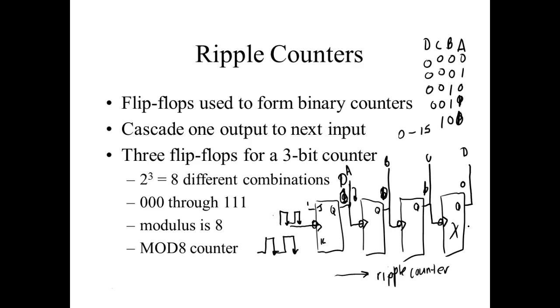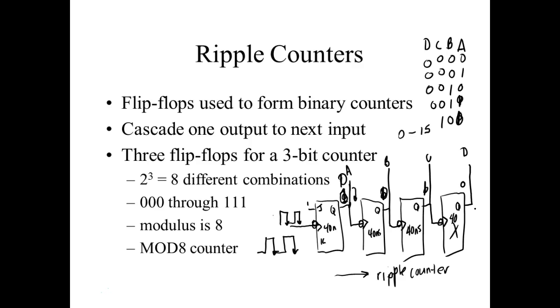If my count changes faster than this one can change, then the counter's going to lose count. If each flip-flop had a 40 nanosecond propagation delay, then the propagation delay would be 160 nanoseconds for the counter to count all the way up to 15. The first counts would work fine, but after a while it would lose count if I was trying to make these count too fast.